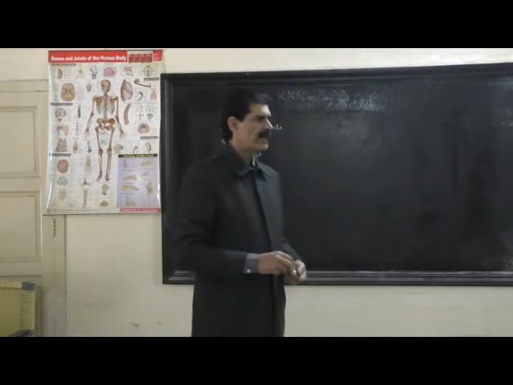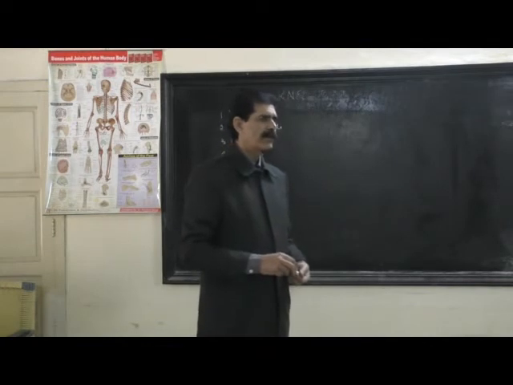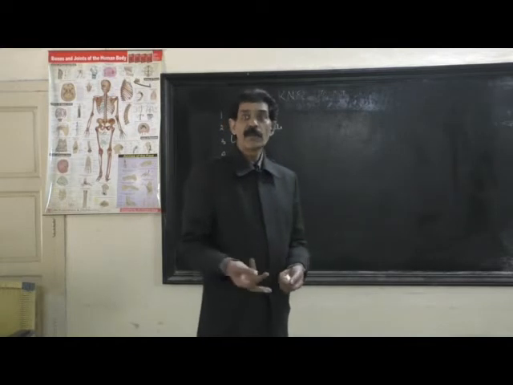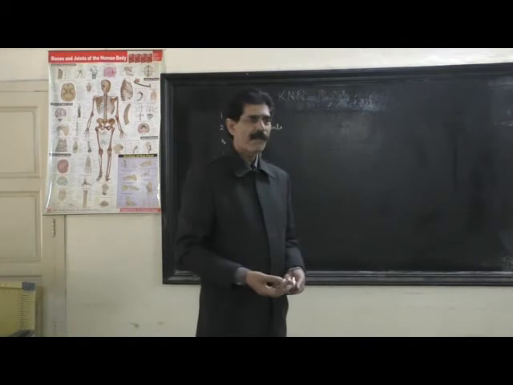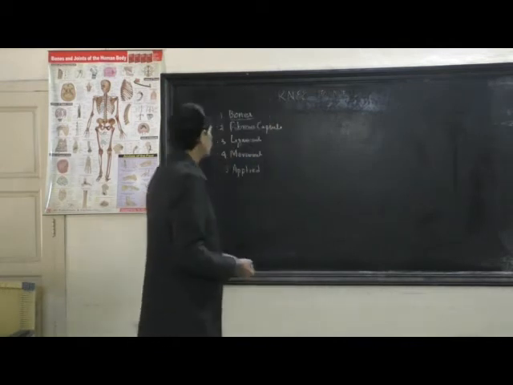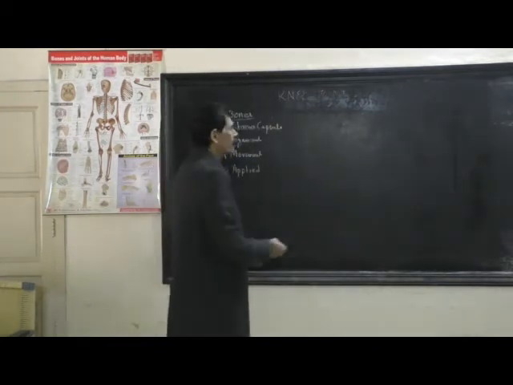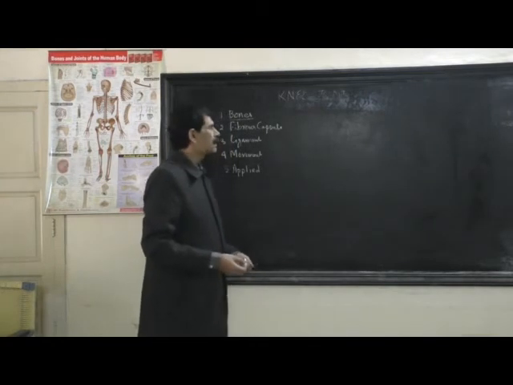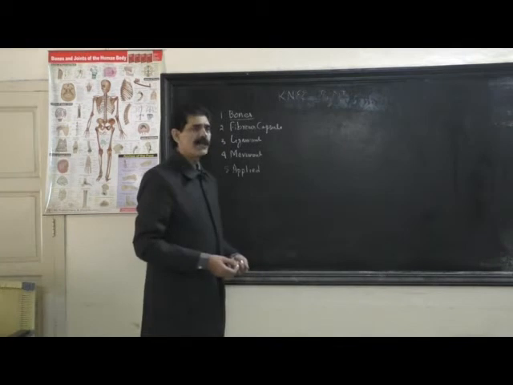So first we will take the bones taking part in the joint formation. First is the lower end of the femur, then the tibia and the patella. You should have a three-dimensional picture in mind while we are studying the knee joint.